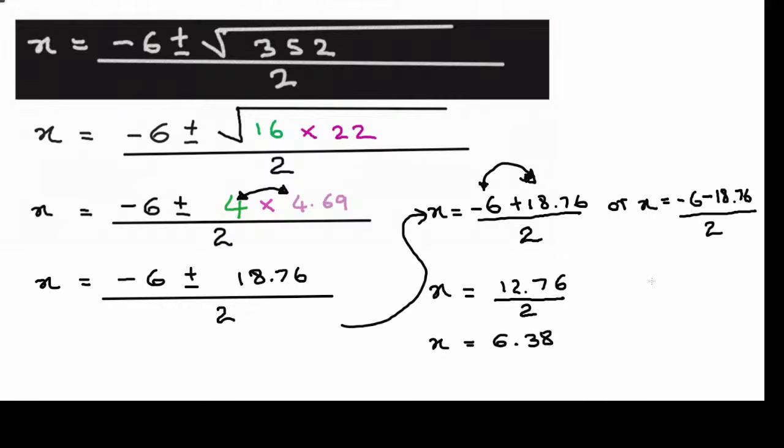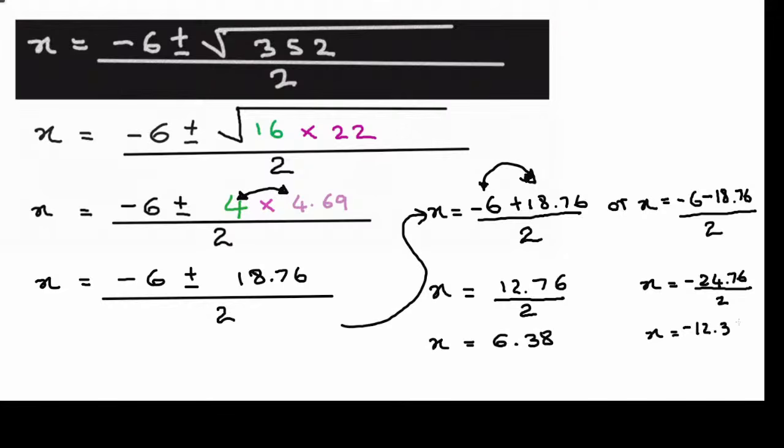And here what do we get for x? Minus 6 minus 18.76 gives us minus 24.76 divided by 2. Here we get x equals minus 12.38.